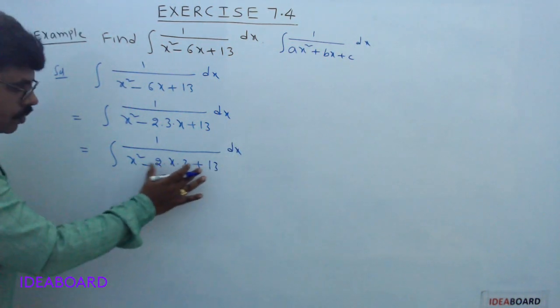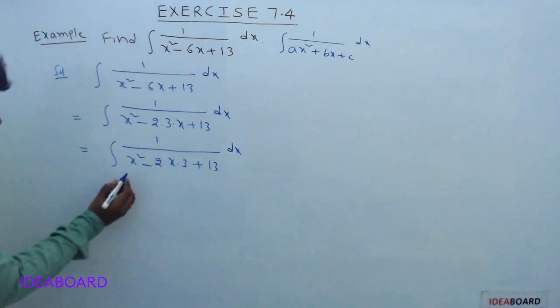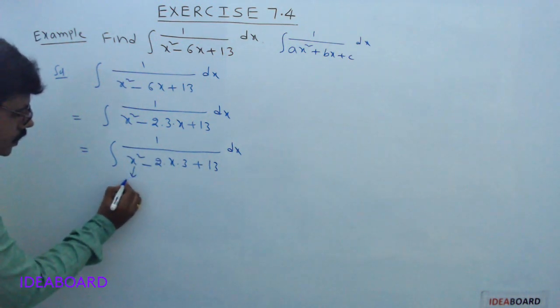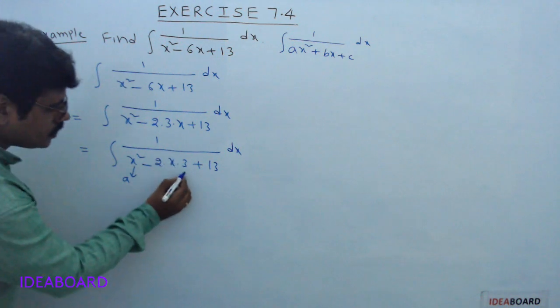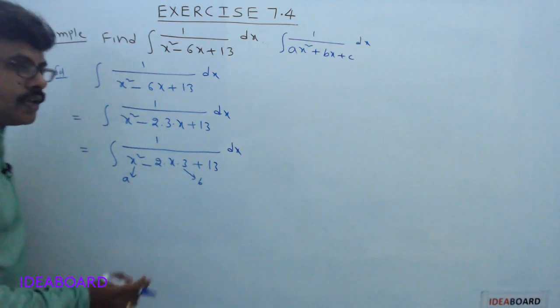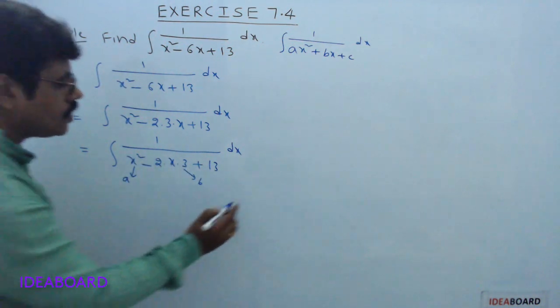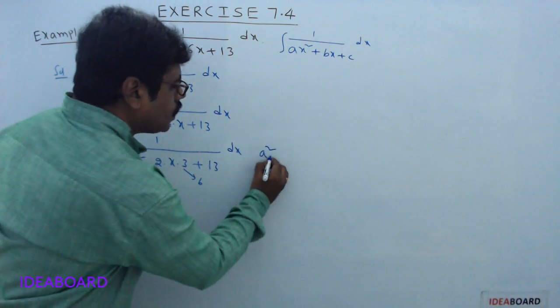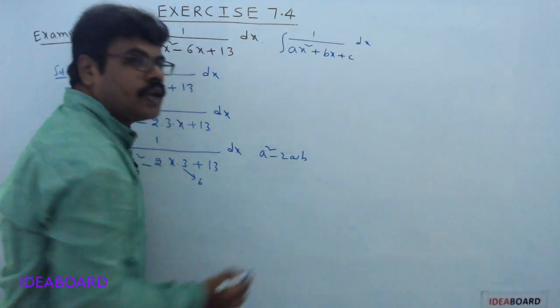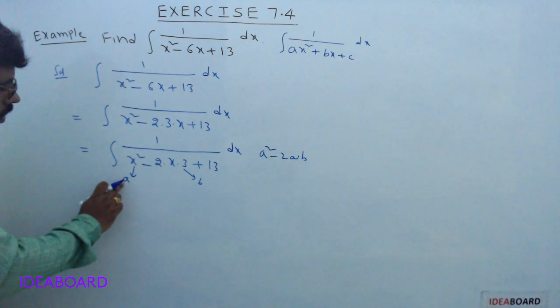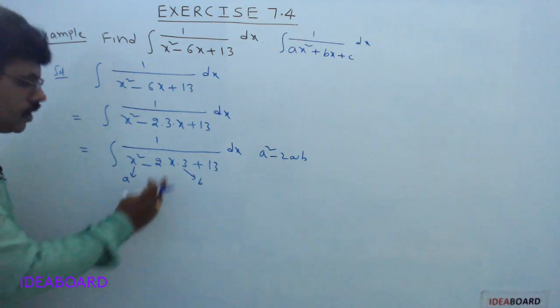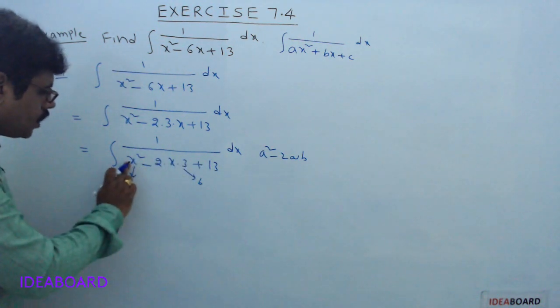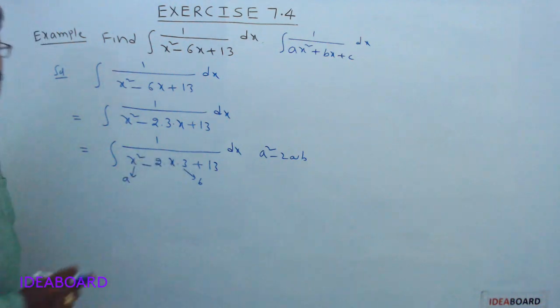Here, from the denominator expression, if you consider x as a and this 3 as b, this expression is of the form a square minus 2ab.